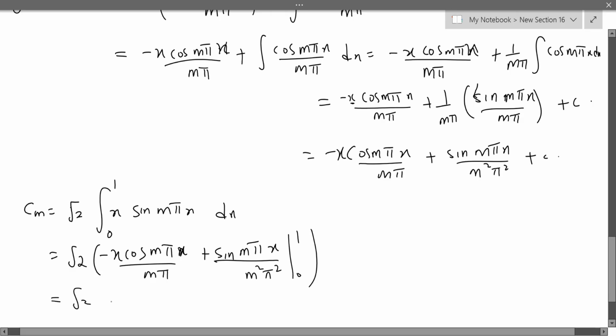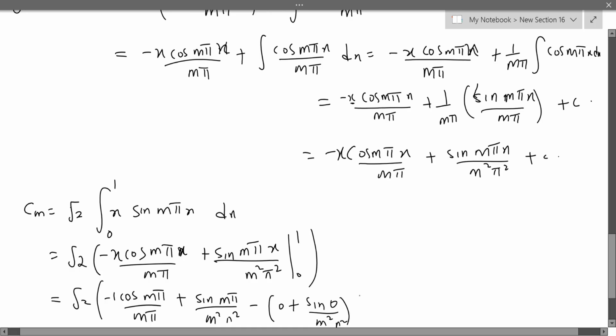First we put 1, so we get minus 1 cos m pi over m pi plus sine m pi over m squared pi squared, minus, you put 0 here, everything becomes 0, so you get 0, and here you get sine 0 over m squared pi squared, which is actually still 0.